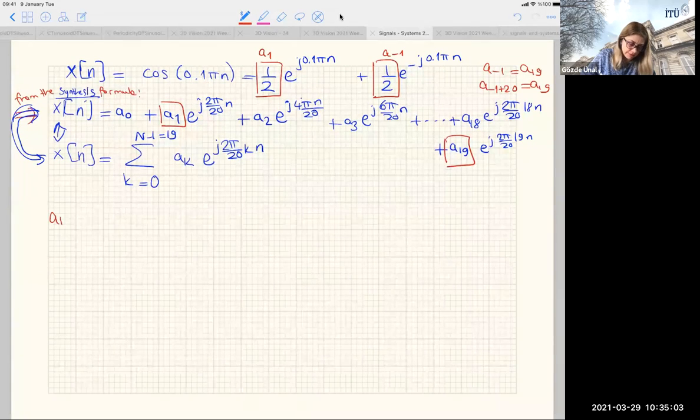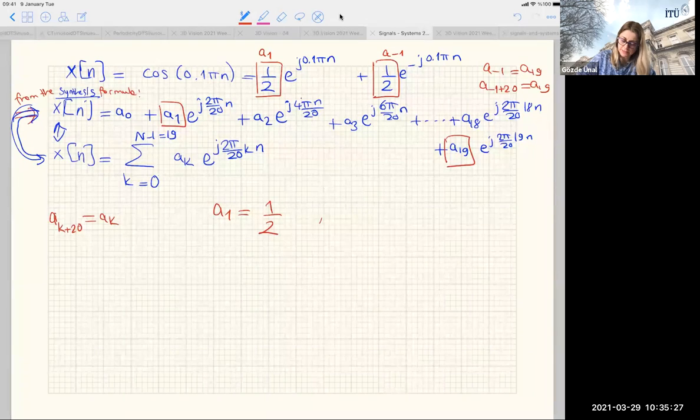Let me note the index k over N, which is 20, so you don't get confused. What we found is a1 is 1 over 2, and a19, which is a minus 1, is 1 over 2. All others are 0.